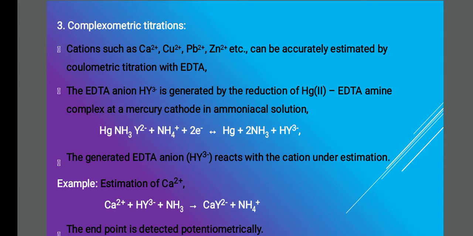This anion reacts with whichever cation we want to estimate. For example, in the estimation of calcium: Ca2+ plus HY3- plus ammonia NH3 gives CaY2- plus NH4+, and the end point is detected potentiometrically.